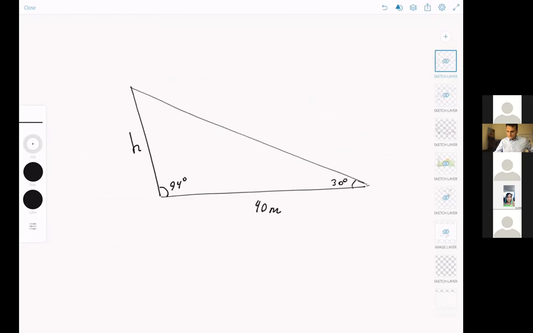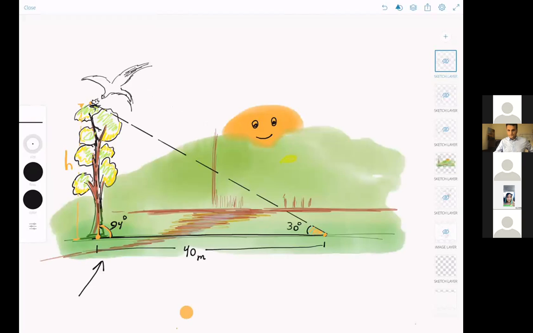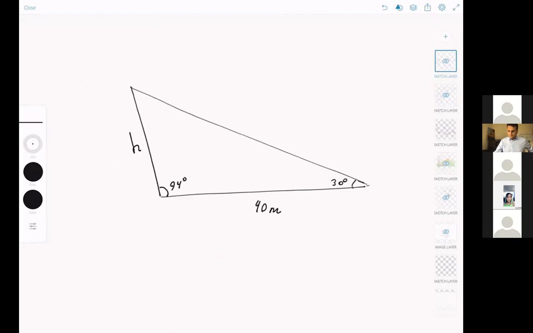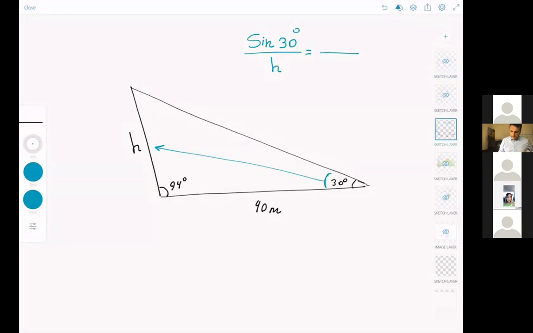So I'm going to go to this, which is the same as this one. The law of sines says sine of 30 degrees over H, the one you're looking for, should be equal to sine of 94 over this length, but this is unknown.